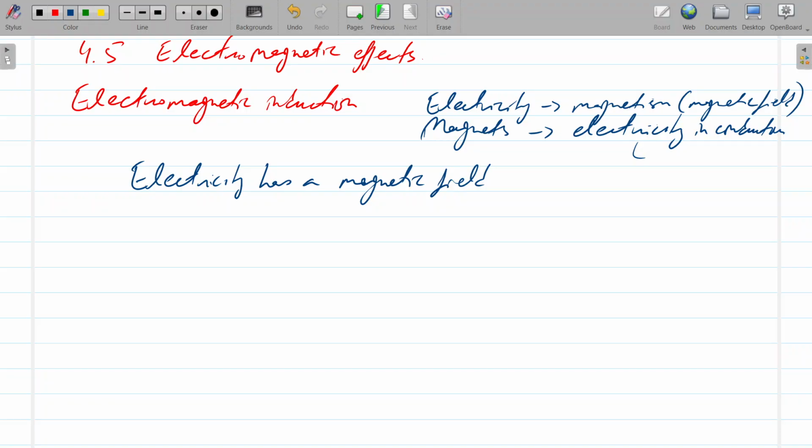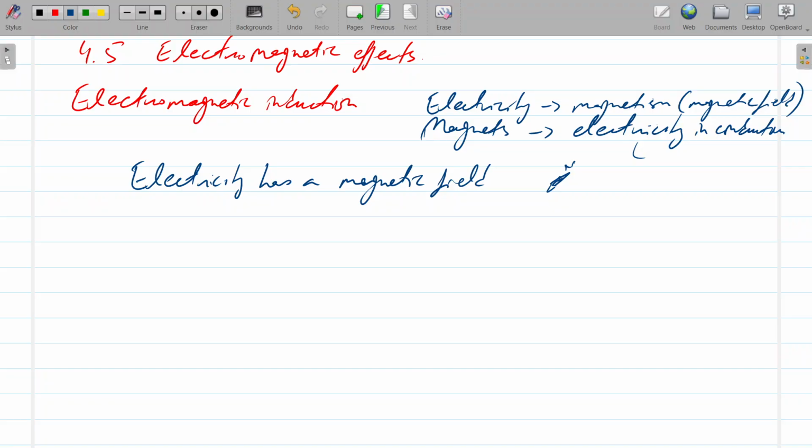The needle is going to follow the magnetic field that is being generated around the wire, or whatever the conductor is, wires mostly. So what we're going to talk about over here is both cases.